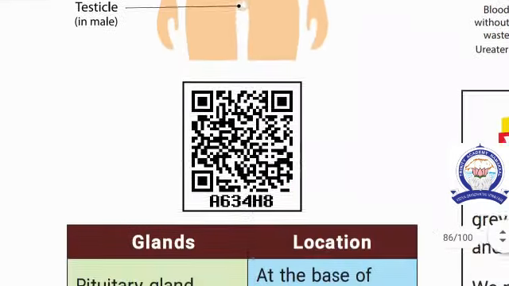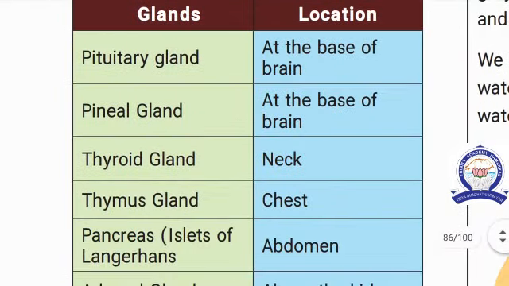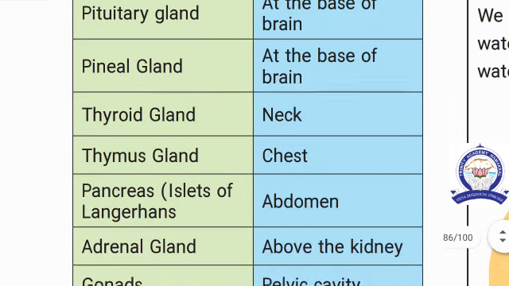First, let us study the location. The pituitary gland is located at the base of the brain. The pineal gland is located at the base of the brain. See the diagram. Next, the thyroid gland is located in the neck part.